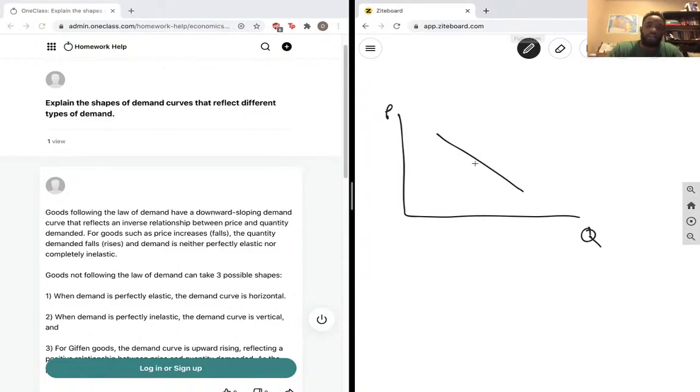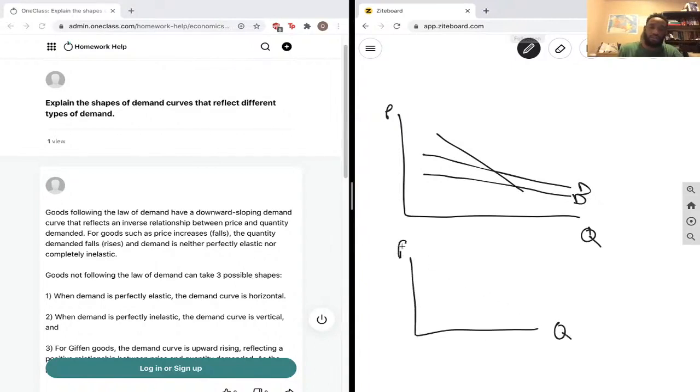As a good becomes more elastic, you would see the demand curve becoming more flat. So it could also look like this, could look like this, until it gets perfectly elastic, which, like we said, is a horizontal demand curve.